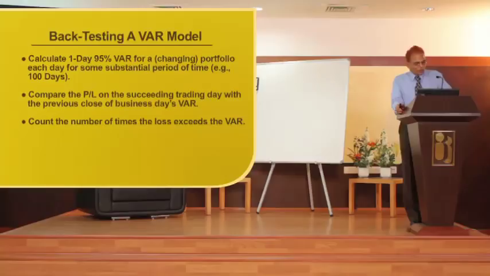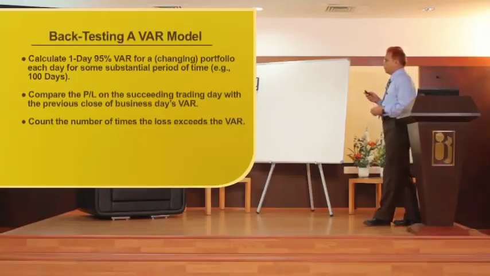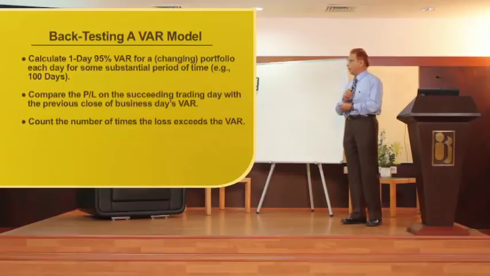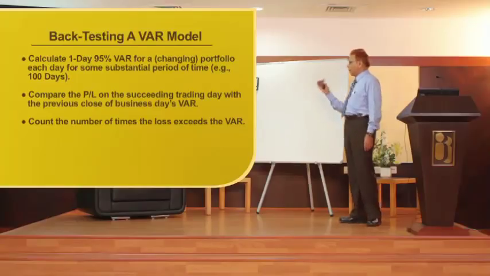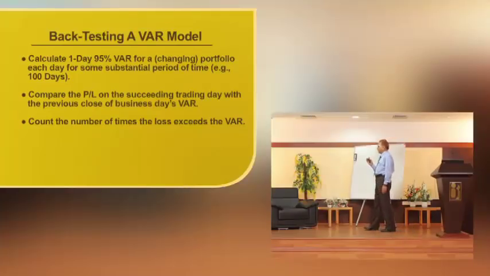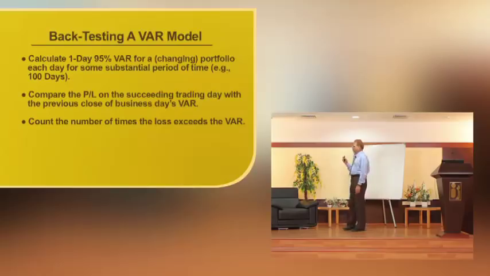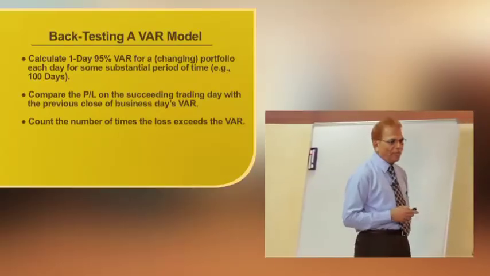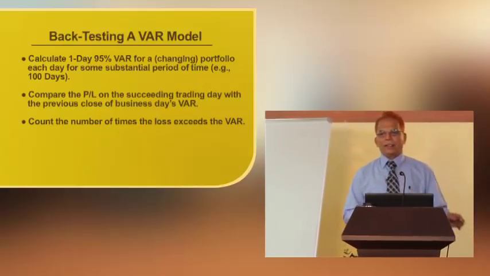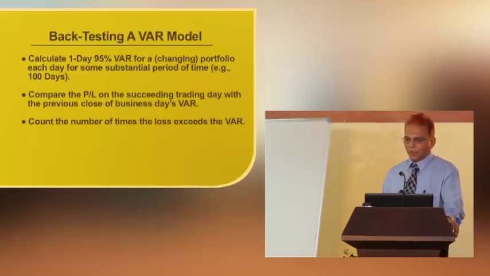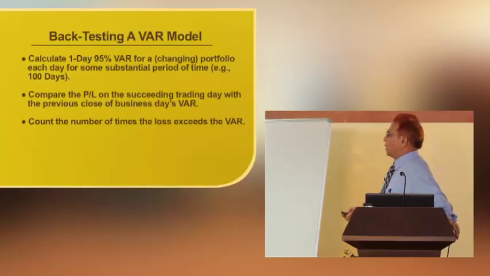If actual losses exceed the VAR number, those are outlier events, and depending on the number of days the actual loss exceeds the VAR number, if it is more, there is something wrong with the VAR model. So one of the validation tests for the model is backtesting and how many times the loss exceeds the actual VAR number.